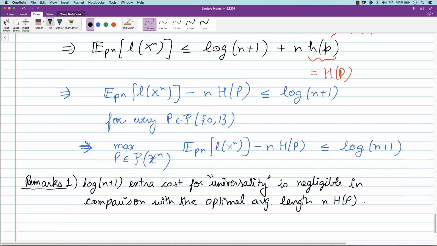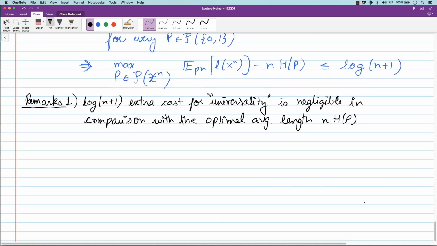So yes, you are paying a bit extra, but that's not much. It's just logarithmic.